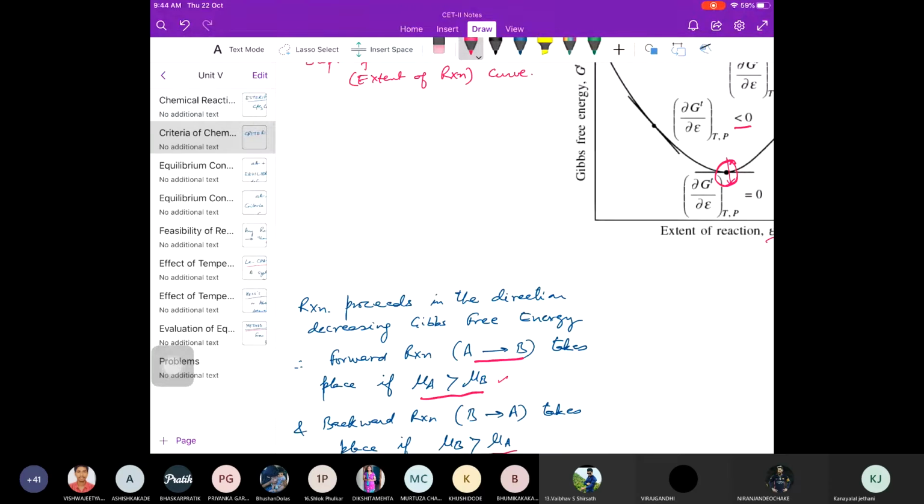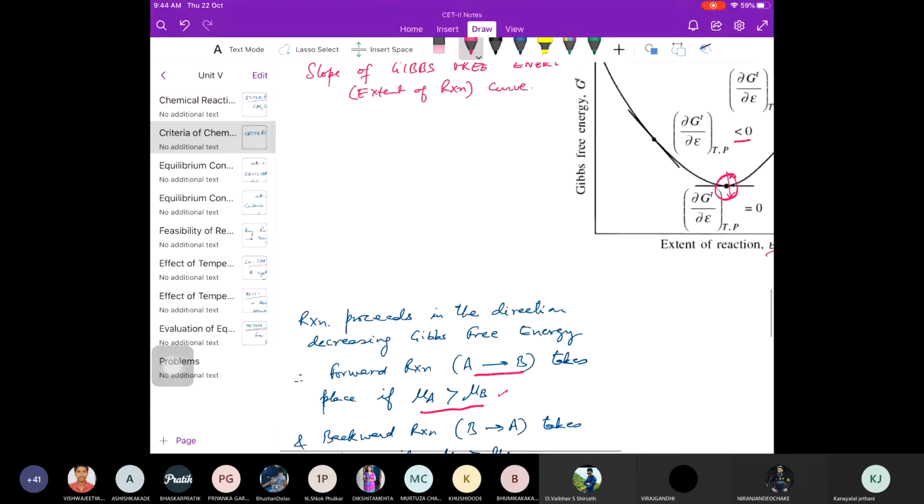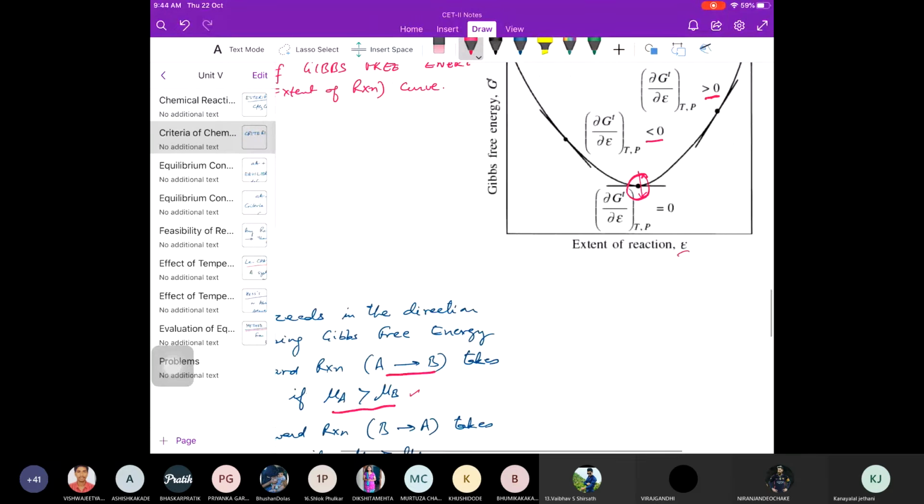Okay, any questions, doubts on this? समझ में आया लोगों को?